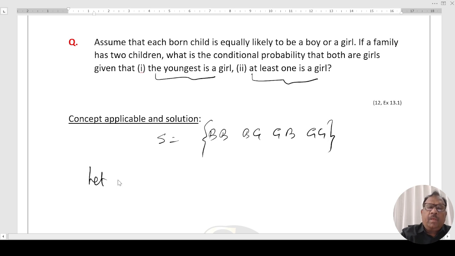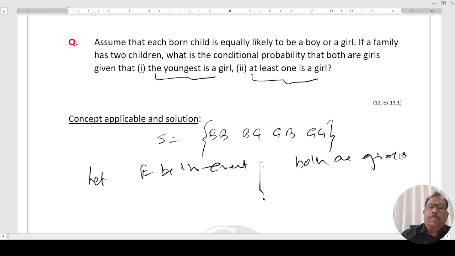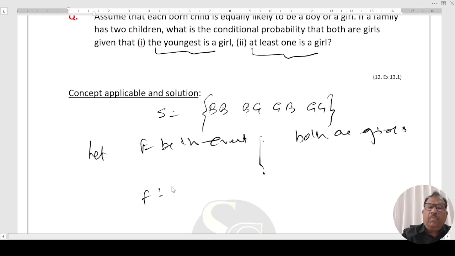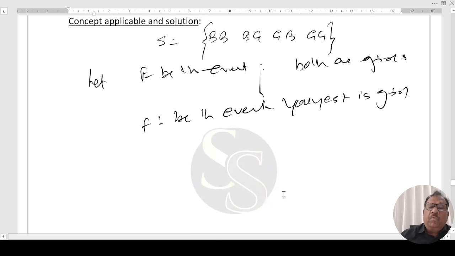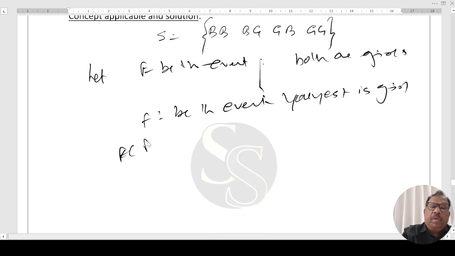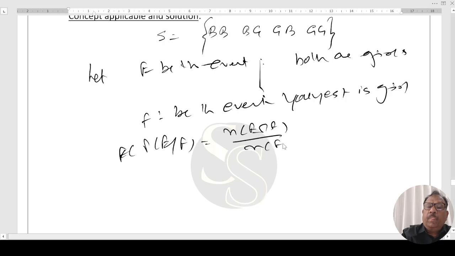Now let E be the event both are girls, and F be the event youngest is a girl. So we have to find P of E by F, the probability of E when F has occurred, N of E intersection F upon N of F. So first of all make the sample space of the F event.